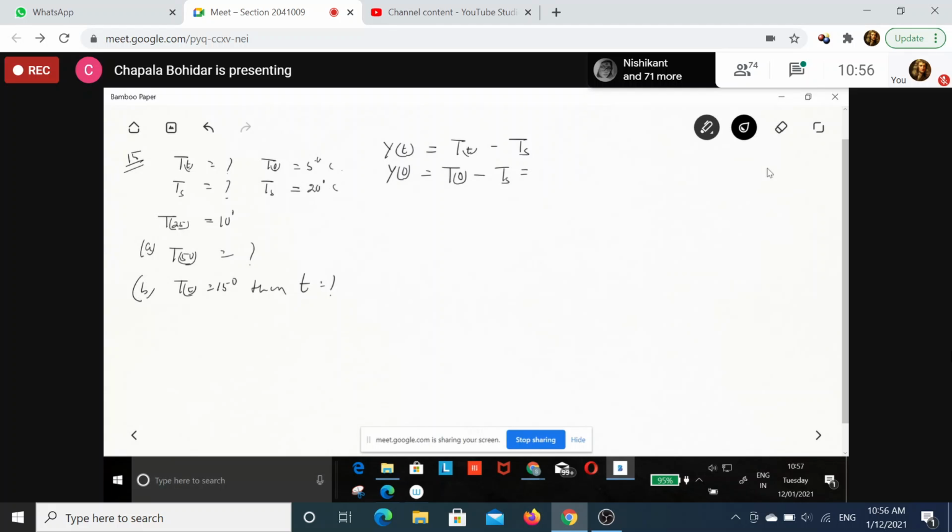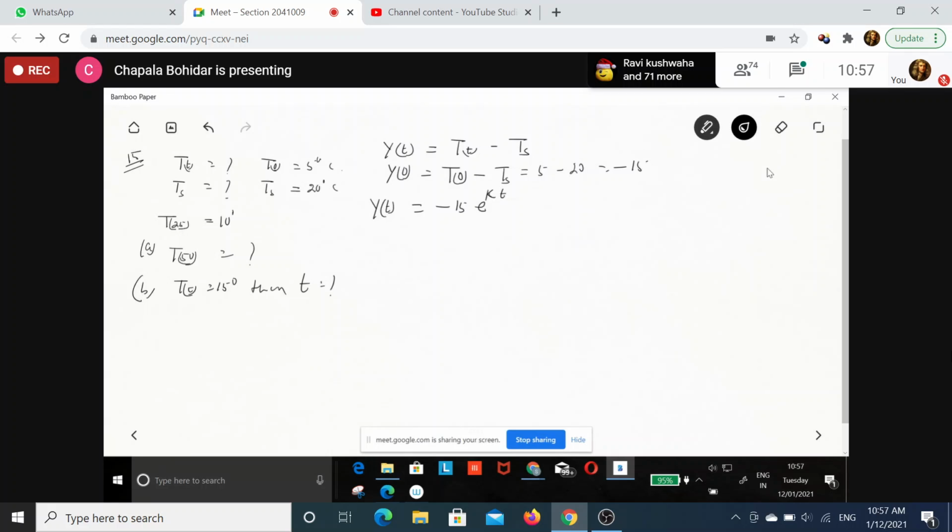T(0) is given as 5 and Ts is given as 20. So we get minus 15. All of it clear here? Yes. So now we get y(0) is equal to minus 15, so the solution is y(t) equal to minus 15 e to the power kt.